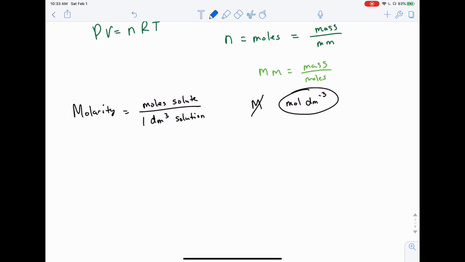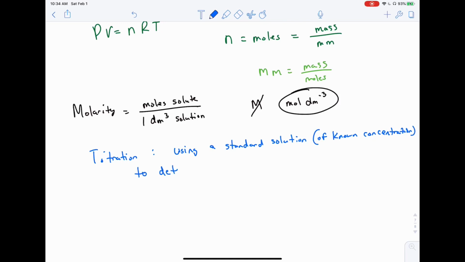So a titration is just essentially using a standard solution, which means of known concentration, to determine the molarity of an unknown solution through a reaction.